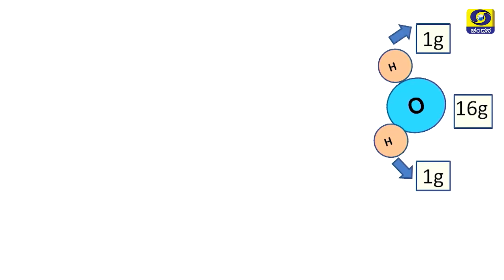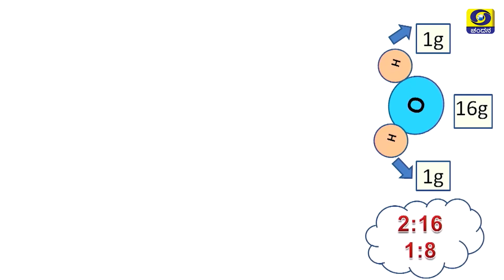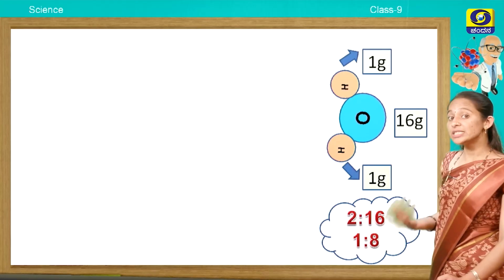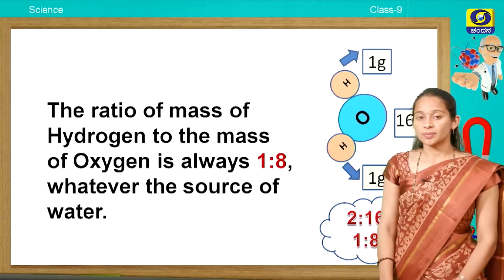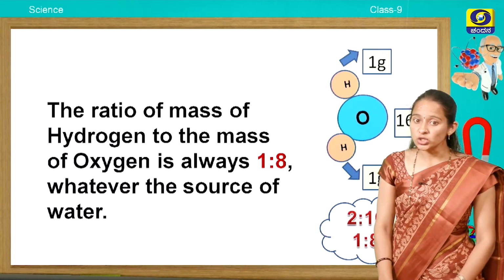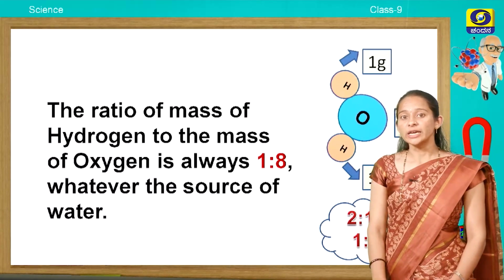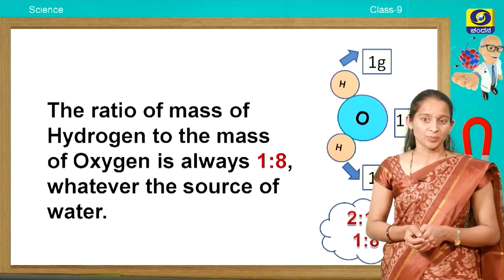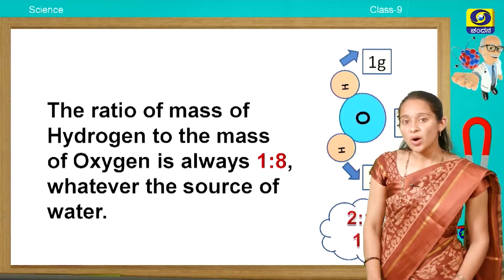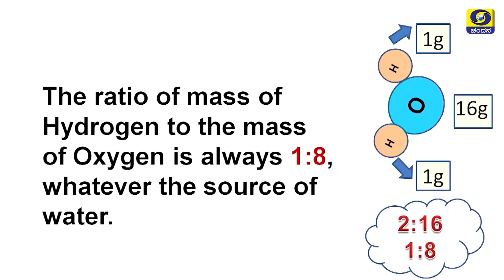So if we want to express the mass of the atoms present in the water molecule, it is expressed as 2:16, which when simplified is 1:8. That is, the ratio of the mass of hydrogen to the mass of oxygen is always 1:8, whatever the source of the water. This is what the law of constant proportions says.